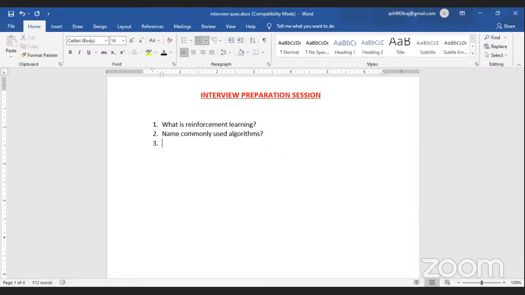Let's move to our third question. Explain why data cleansing is essential and which method you use to maintain clean data.